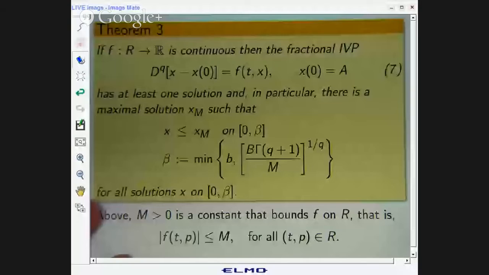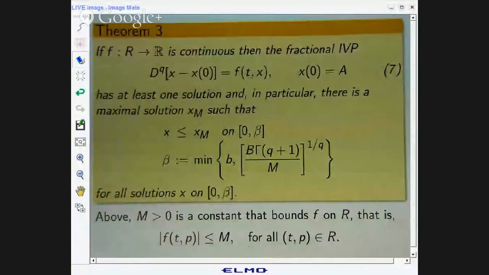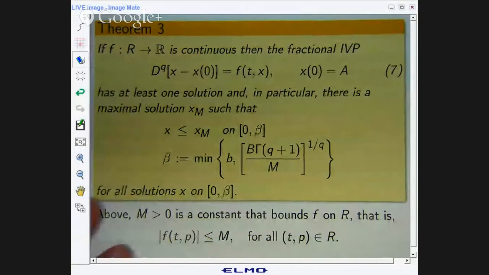Now let's move on to the main result. Okay? So this is the main result, the main contribution that the research paper and this video makes. Okay, here it is. Theorem 3.